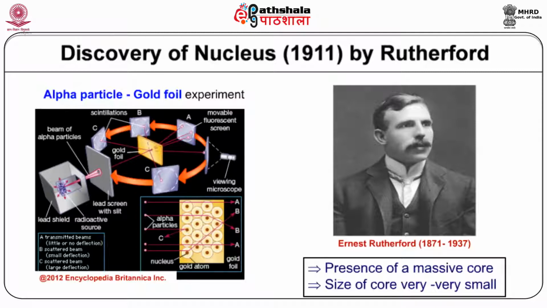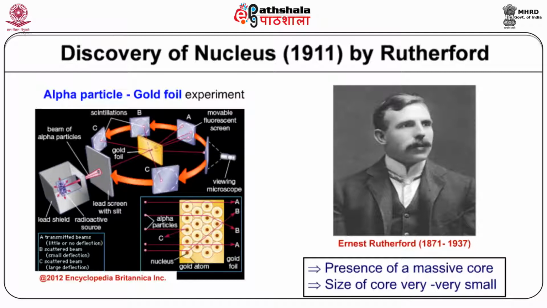In the experimental setup, he used energetic alpha particles and bombarded them onto a gold foil, and the scattered alpha particles at various angles he detected with the help of scintillators, and then he analyzed those detections.